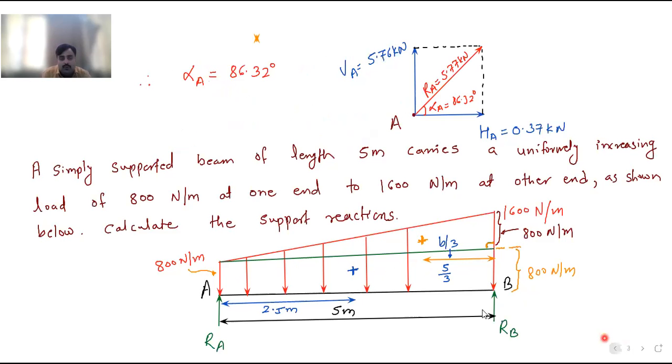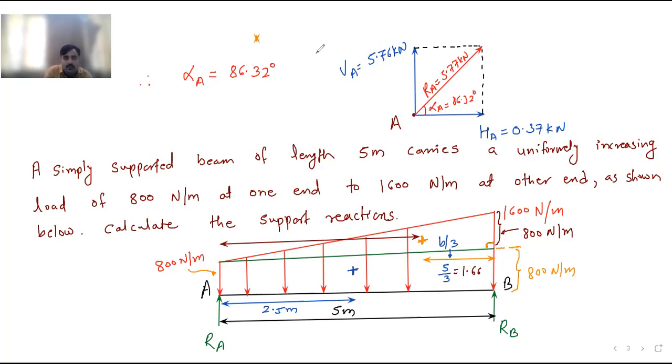So now we are in need of this distance from point A to the CG of this figure. How much will it be? What is the answer of 5 by 3? It is 1.66.